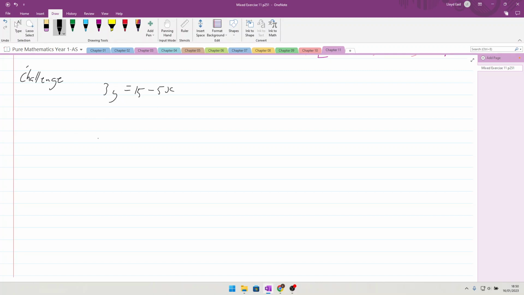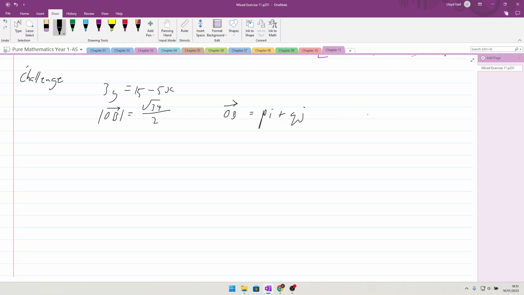Given that the magnitude of OB is equal to the square root of 34 over 2, find the two possible expressions of OB in the form OB equals pi plus qj.